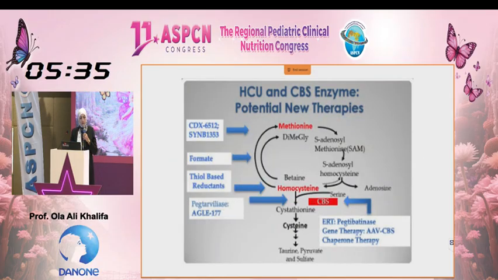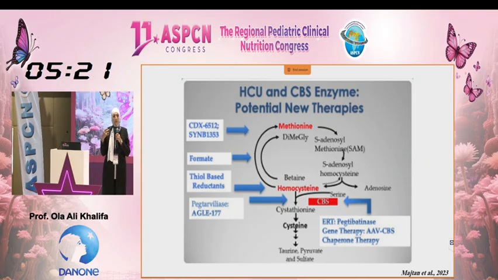So the emerging therapies had been mentioned before for homocystinuria and CBS enzyme, potential new therapies. The new therapies are addressing the main problems in the pathway. Some of them will act on methionine degradation to prevent its conversion to homocysteine, some will help with catabolism of homocysteine, and others will restore the CBS enzyme.